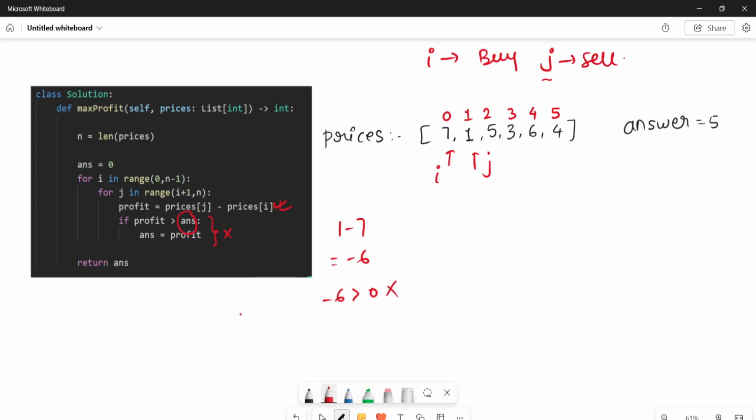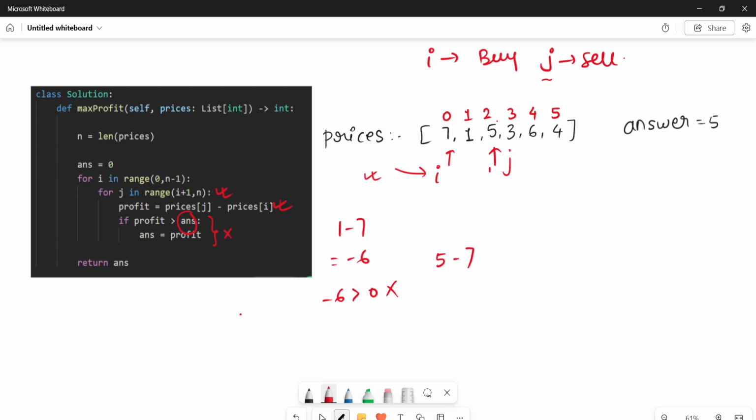So what will happen next? This j will increment, and again we will find the difference, that is 5 minus 7. Why 5 minus 7? The value of the jth element is 5, and the value of i will not change.